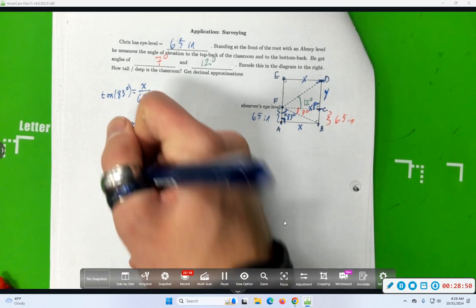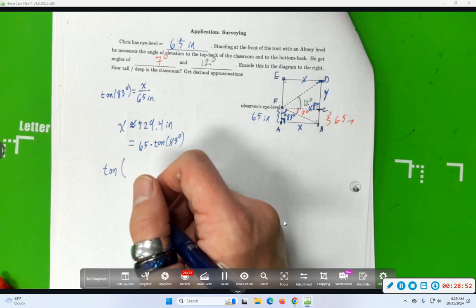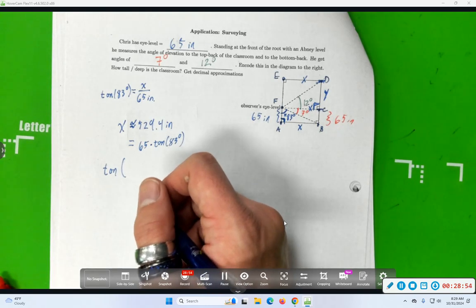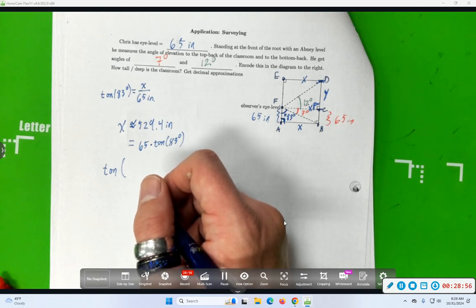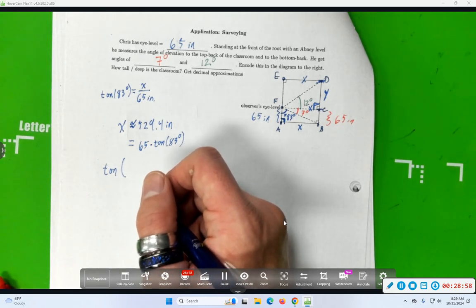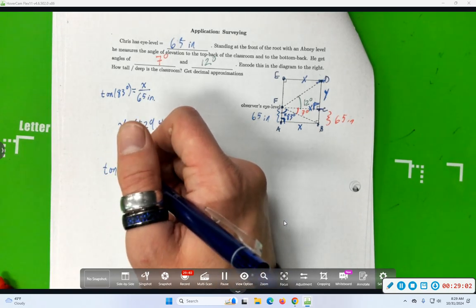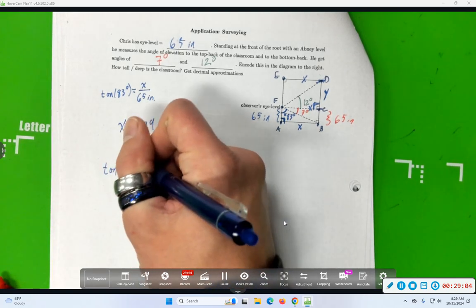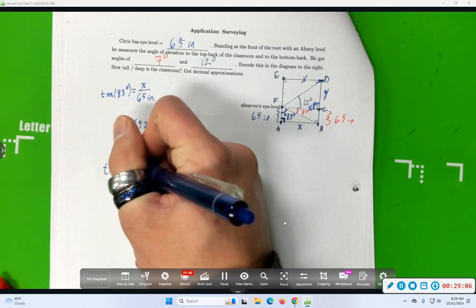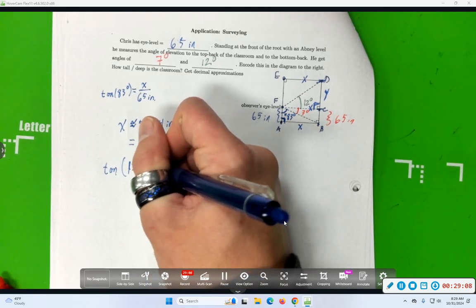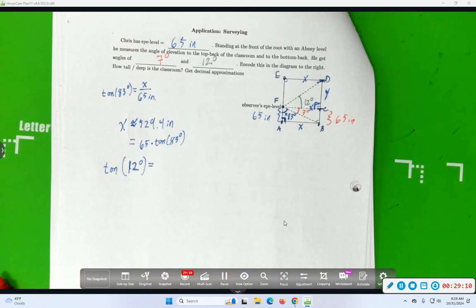Tangent of what angle do you want to use? Nice. And I'll specify it's in degrees, but I guess it's clear from the problem. Is equal to, tangent is opposite over adjacent. TOA. So tangent is what divided by what?